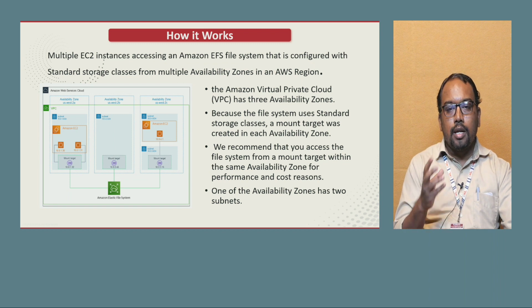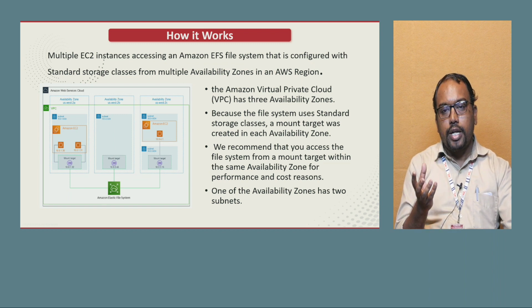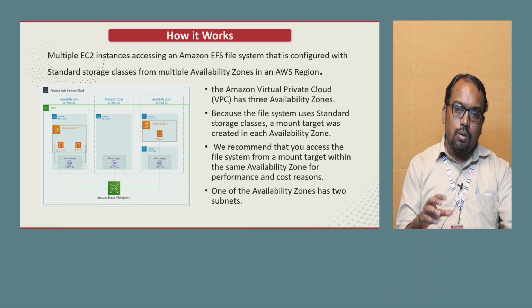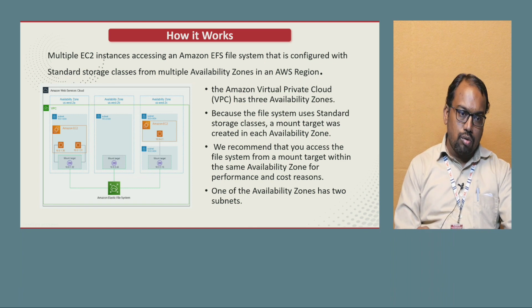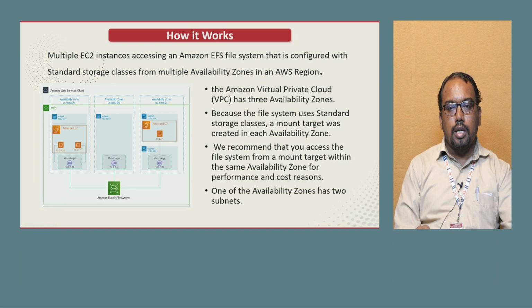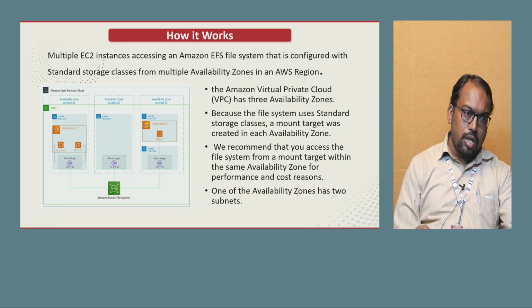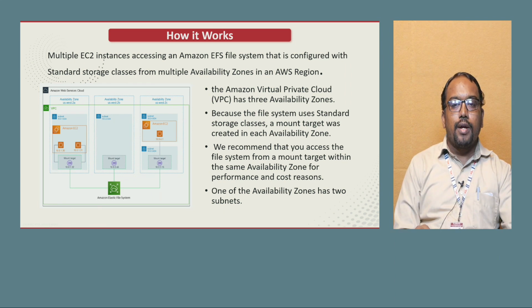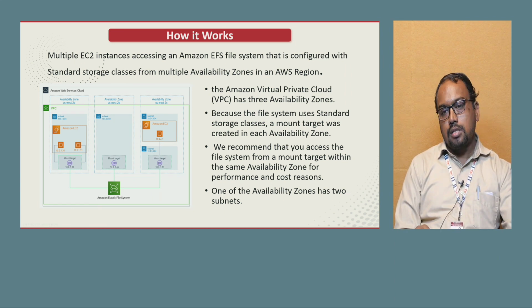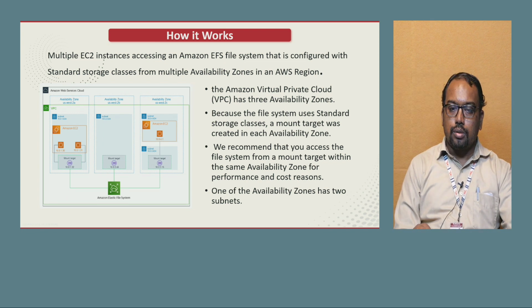In AWS, the VPC, which we call a virtual private cloud, is available in 3 zones. In the previous sessions, it was already explained what availability zones are and how they work. Because the file system uses standard storage classes, they mount targets created in each availability zone. Each availability zone has 2 subnets.